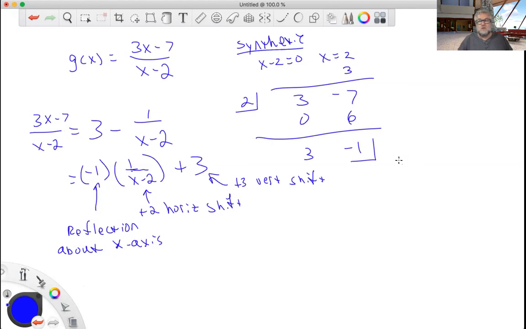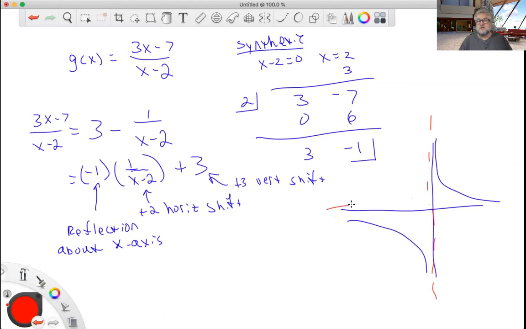So if my original function is 1 over x, it has its asymptotes here at 0 and 0, that's my original function. Oops, do it down here.